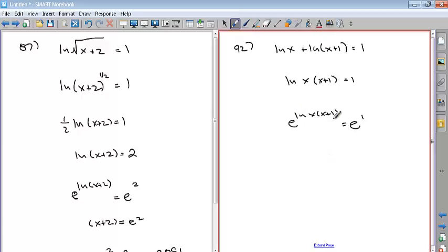So these become the exponents. E to the natural log of something is that something. And over here we have just e. So if we multiply out the left-hand side, we get x squared plus x equals e, or x squared plus x minus e equals 0.